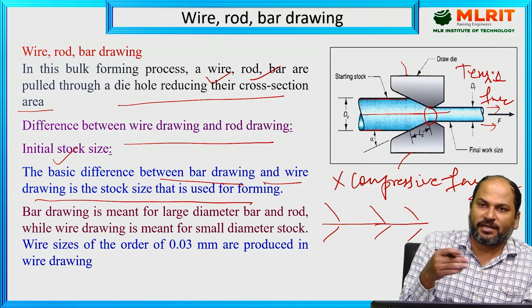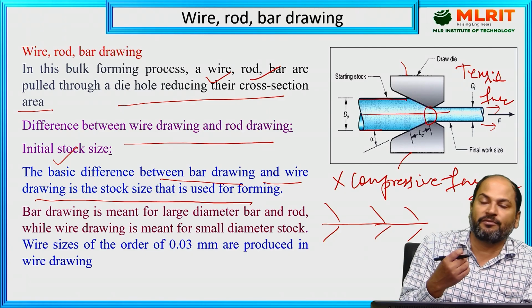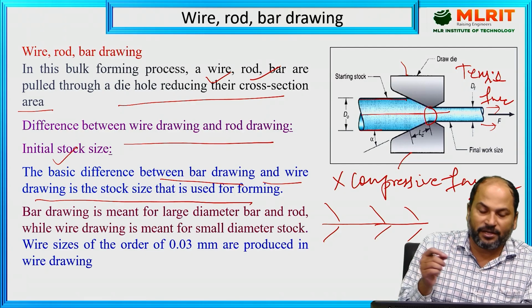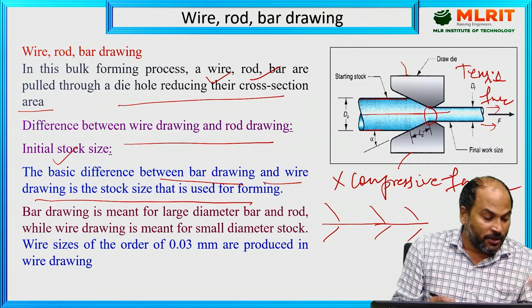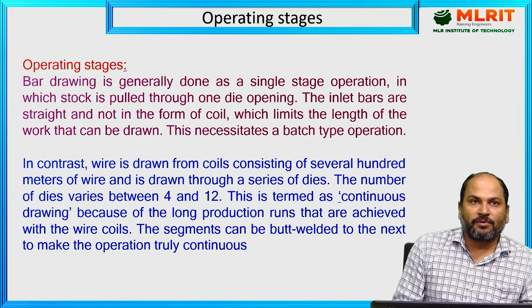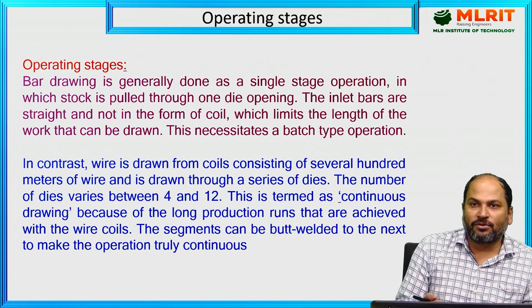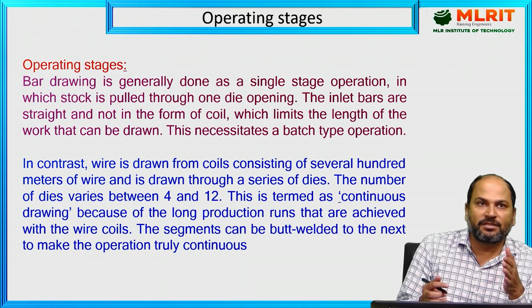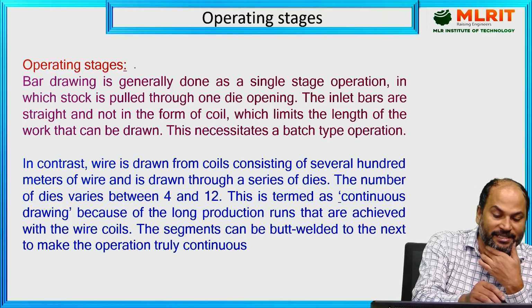Finally we get whatever dimension or diameter we want from our specimen. So this is the end of this one. What are the operating stages?